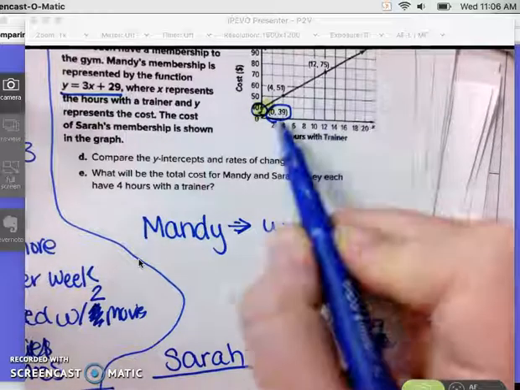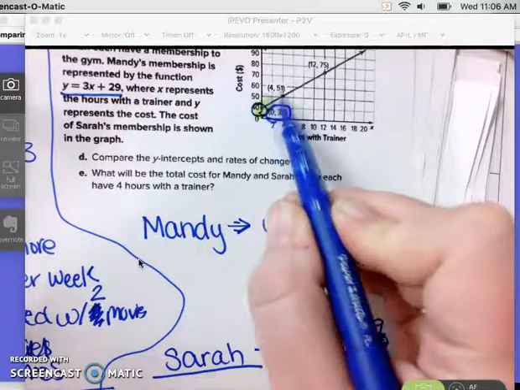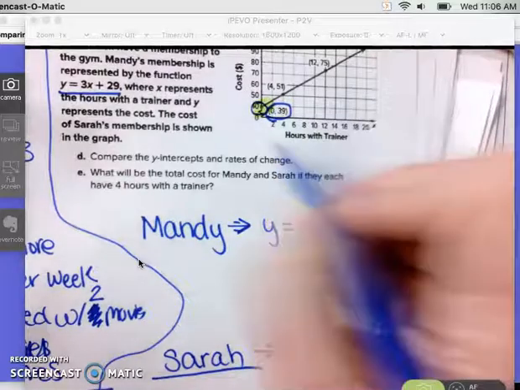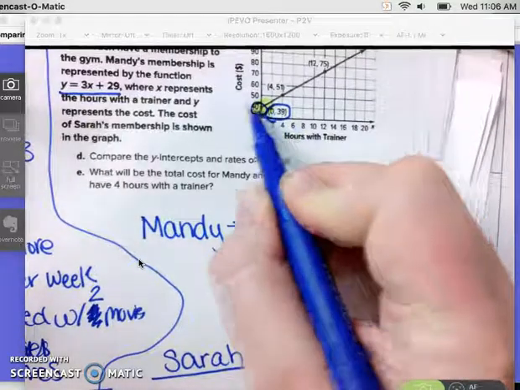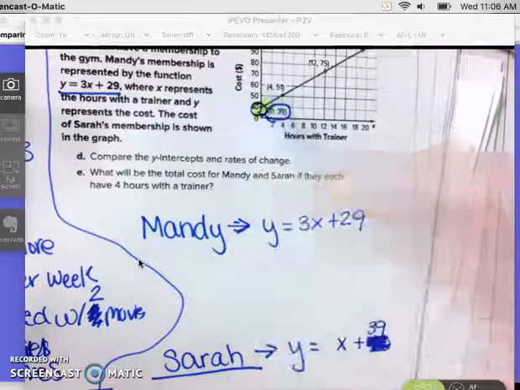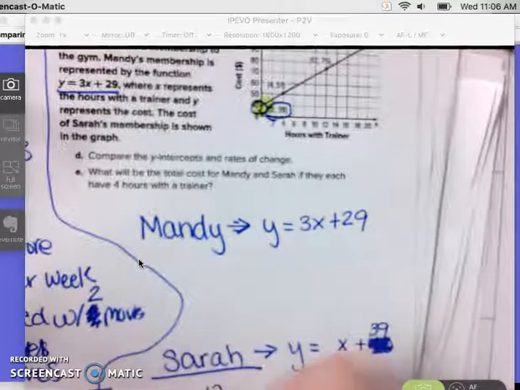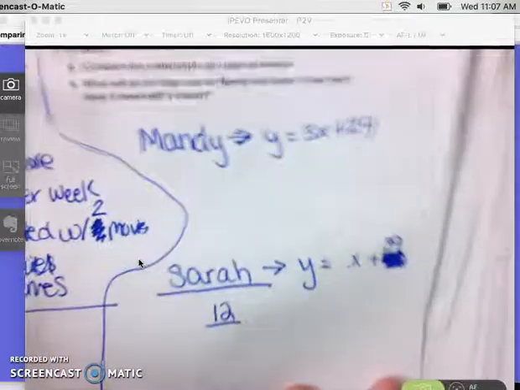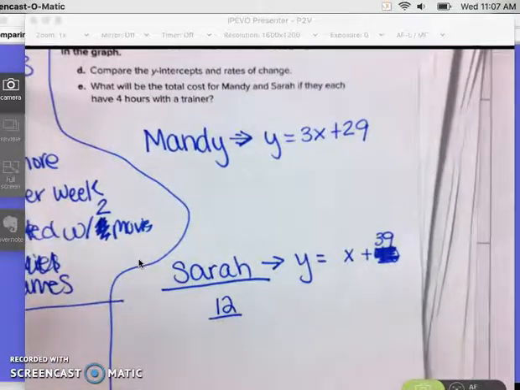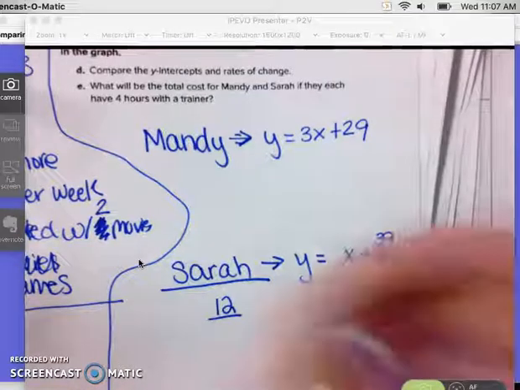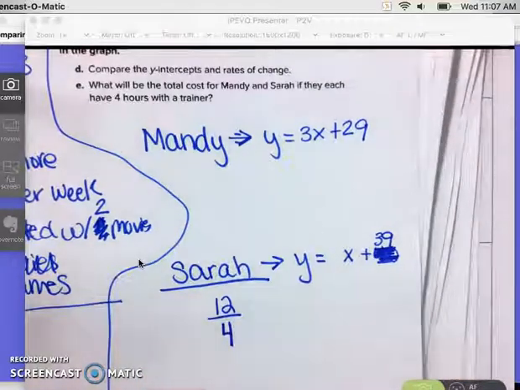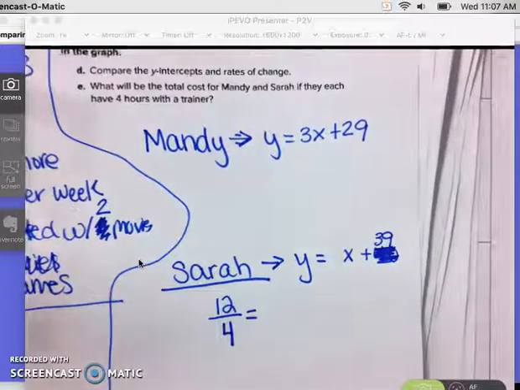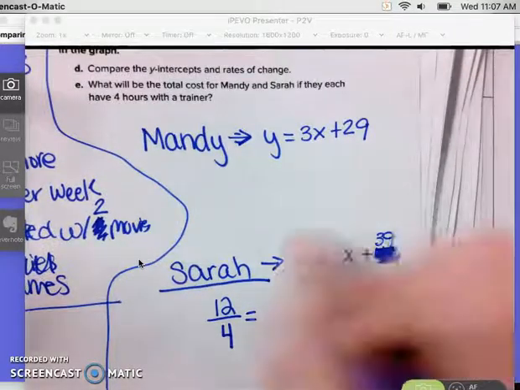Okay, so from 0, 39 to 4, 51, what is the change? So I'm going to rise from 39 to 51, which means I'm going to go up 12. And I go over from 0 to 4, so I go over 4. So my rate of change is going to be 12 divided by 4 is 3.